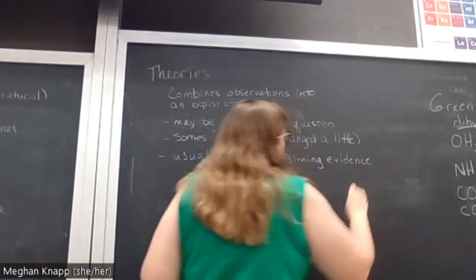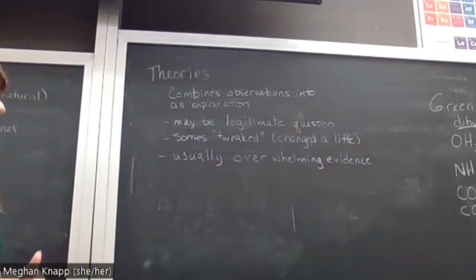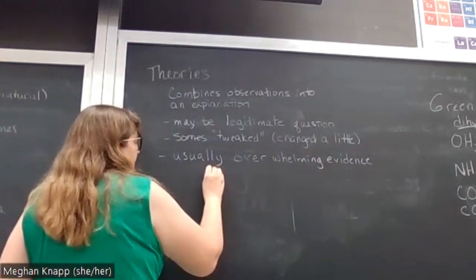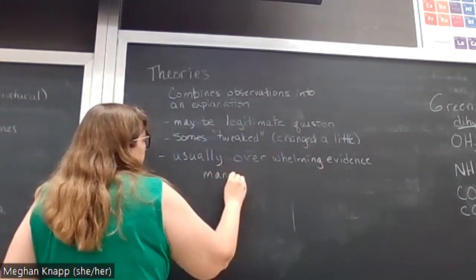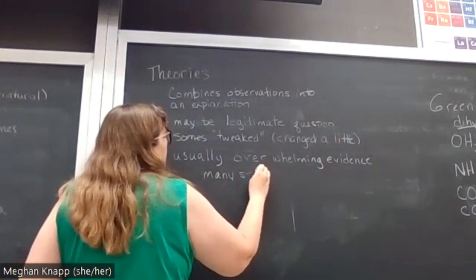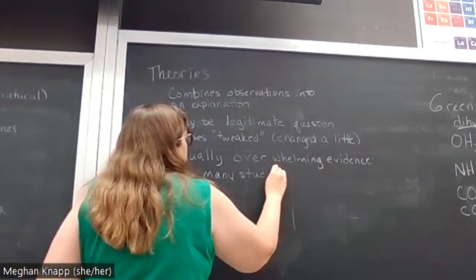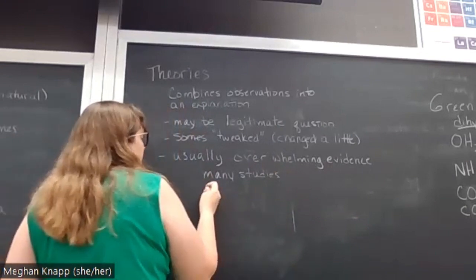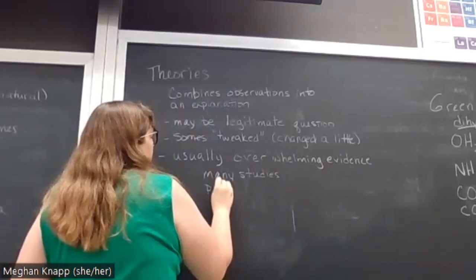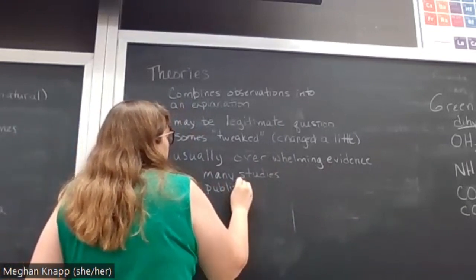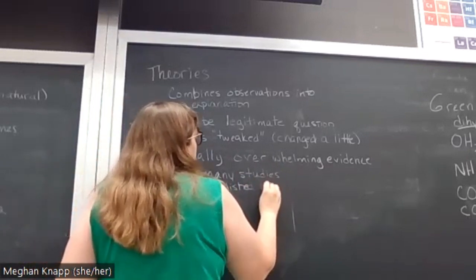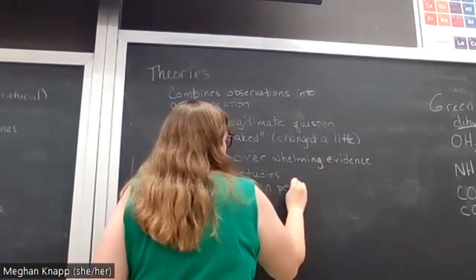So what do we mean by overwhelming evidence? For a scientist, this means there have been many studies, and these studies have been published in peer-reviewed journals.